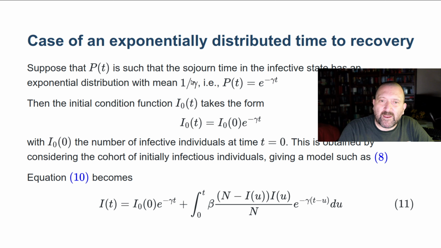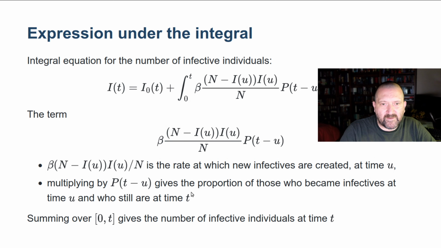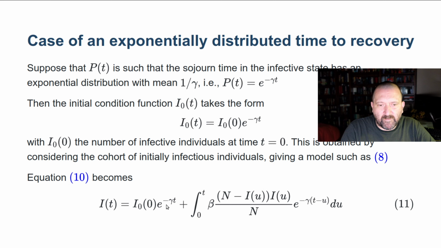So the mean is 1 over gamma. So my survival function then takes this form. And the initial condition, I'm going to take something like this. Then my equation 10, from before, now becomes the following, where I've replaced I0 of t by this expression, and I've replaced P of t by e to the minus gamma t. But it's P of t minus u, so it's e to the minus gamma times t minus u.